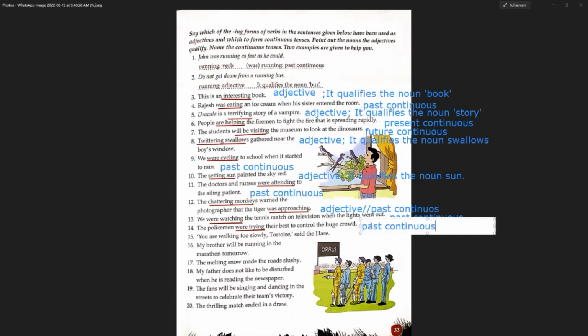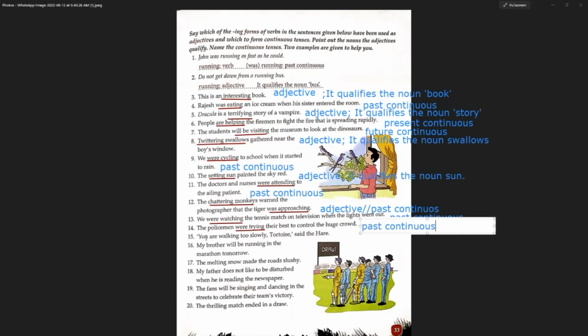That is actually past continuous, because was and were belong to the past. Am, is, are belong to the present. Will be belongs to the future. You should know that. Okay, great.